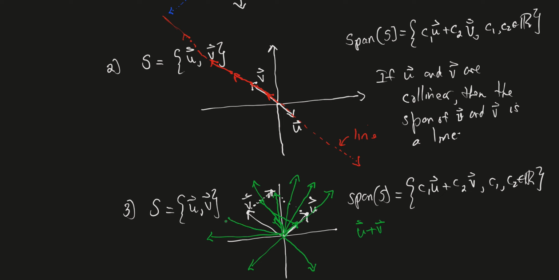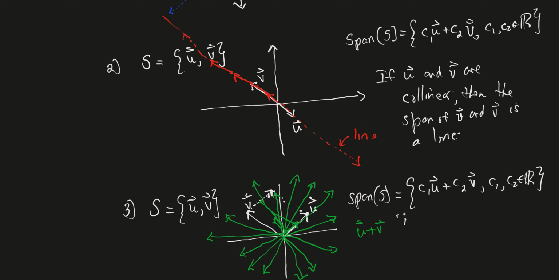So what I end up getting is not just a line anymore, but I get the entire plane. I get the entire XY plane, right? By simply taking every possible scalar multiple of u and every possible scalar multiple of v, and then combining them, right? Form these linear combinations. I'm able to generate not just a line anymore, but the entire plane, right?